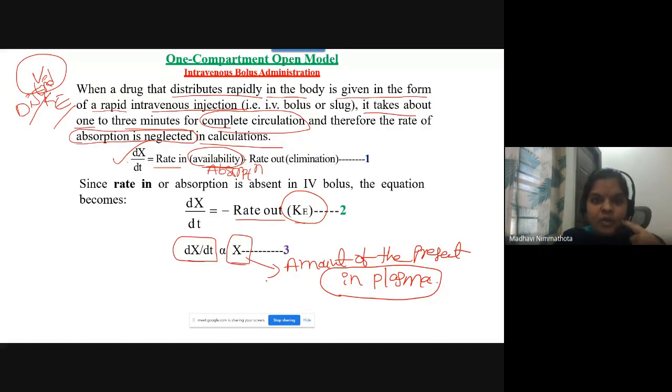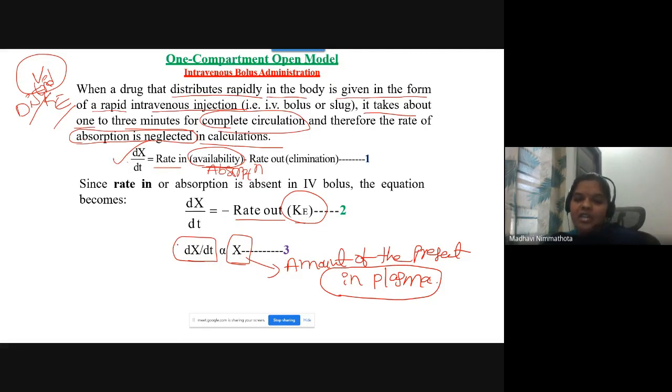I already told you the uptake is totally dependent upon the organ or tissue capability, whether it accepts the lipophilicity of the drug or the molecular weight, only less than 100 daltons or 200 daltons. The organ capacity will govern how much amount of the drug will be available for its distribution and elimination. So for that reason, dx by dt is equal to minus rate out. Minus is very important here. Rate out is nothing but Ke.